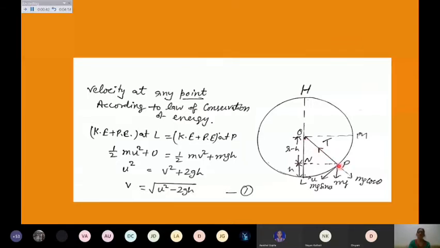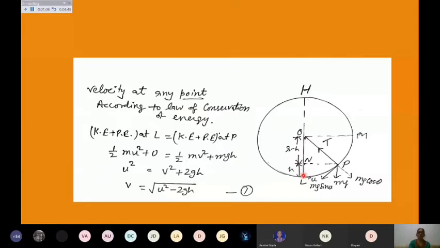The stone has mass small m. Small m is the mass of the stone being revolved in the vertical circle, tied with the thread, and the length of the thread I may call R, or you may assume it as L. Again, that is your choice. I am taking it as R, which equals the radius of this circle.